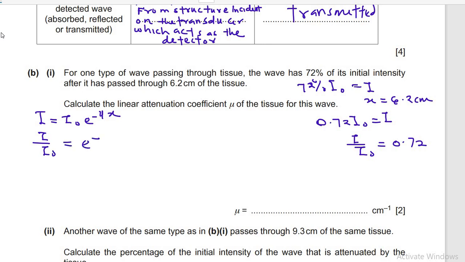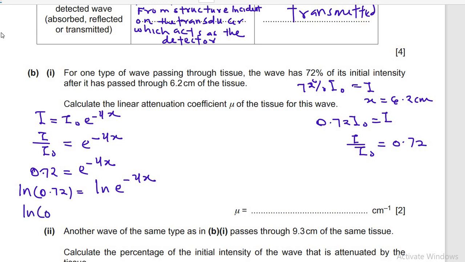So I over I naught equals e raised to the power minus mu x, and I over I naught is 0.72. We have an exponential function, so we take the ln of both sides. ln of 0.72 equals ln of e raised to the power minus mu x. From the law of logarithms, mu x comes to the front, and we have ln e. ln e is 1, because it is the logarithm of base e to e, which is equal to 1.